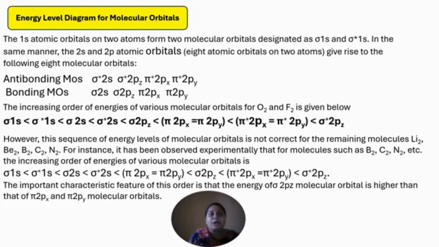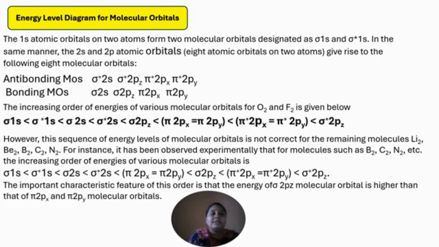This is how atomic orbitals are represented as sigma 1s and sigma star 1s. In the same way, the 2s and 2p orbitals give rise to 8 molecular orbitals. The anti-bonding molecular orbitals are sigma star 2s, sigma star 2pz, pi star 2px and pi star 2py, and the bonding molecular orbitals are sigma 2s, sigma 2pz, pi 2px and pi 2py.